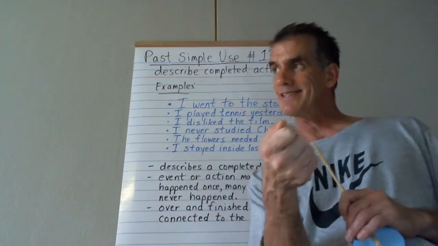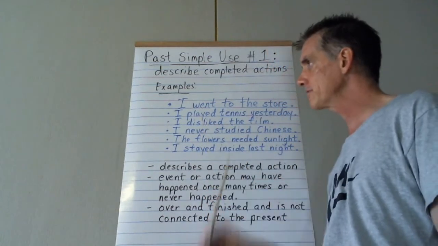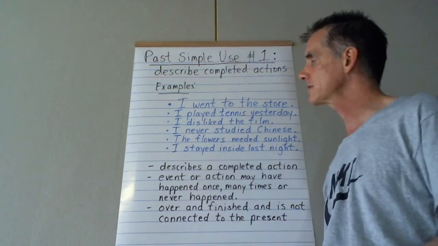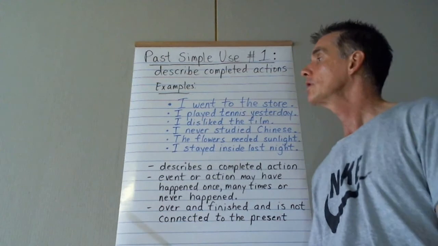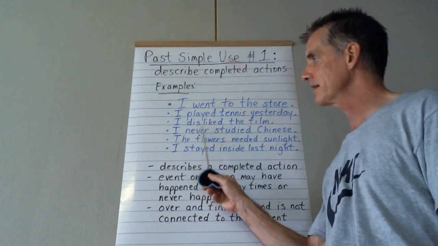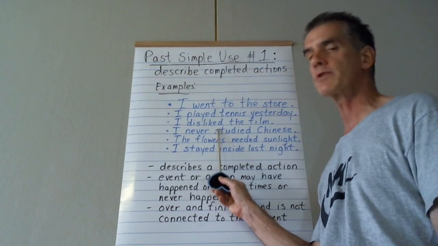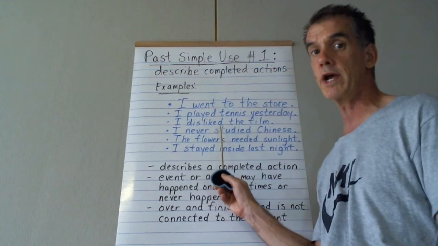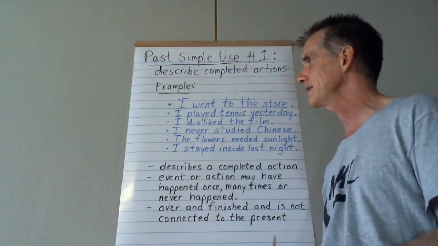So I played tennis yesterday. Okay? Played obviously being the verb in this sentence. I disliked the film. So obviously disliked is the verb here. And you notice many of the verbs have the ed ending sound in the past. That's how you form the past tense of regular verbs, with ed.